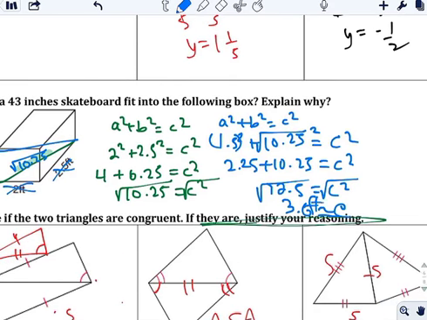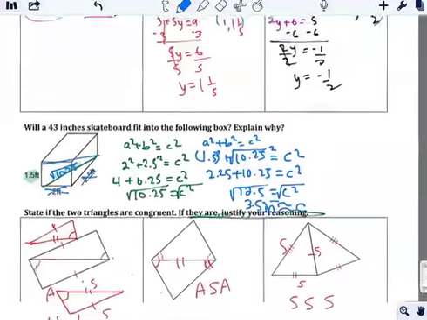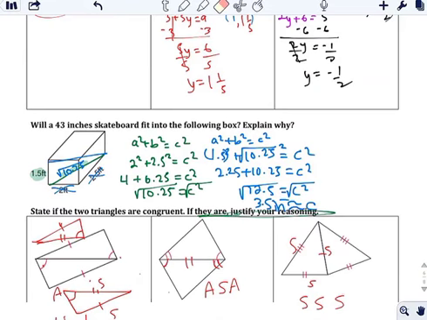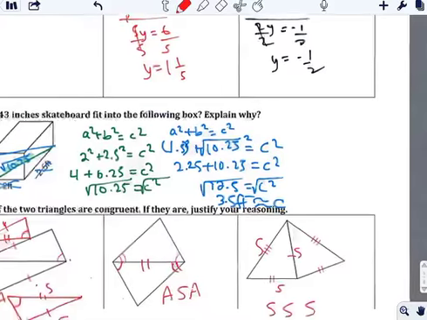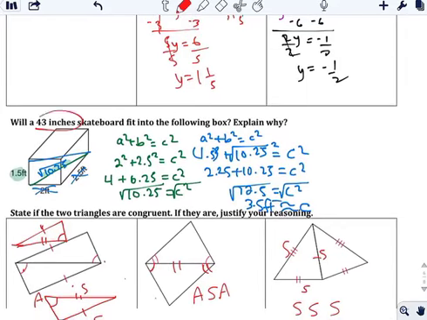We need to change it into inches. Not inches, feet. 3.5 feet. How many inches is that? This is a 43-inch skateboard.